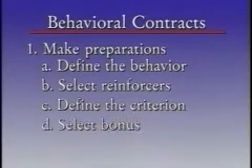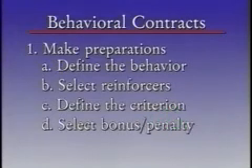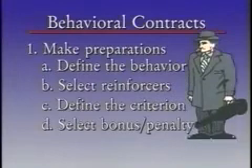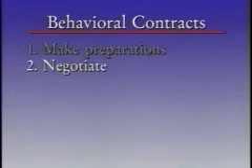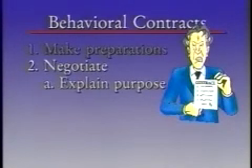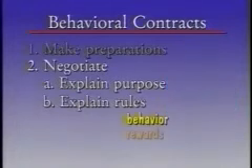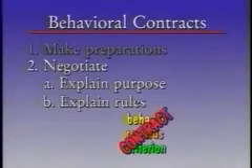Finally, select a bonus clause if the student needs a little nudge. And as a last resort, implement a penalty clause. Now that you're prepared, meet and negotiate with the student. Begin by explaining why the contract is necessary. Next, lay down the rules for negotiation. The student may negotiate the behavior, the rewards, and the criterion, but not the need for a contract.